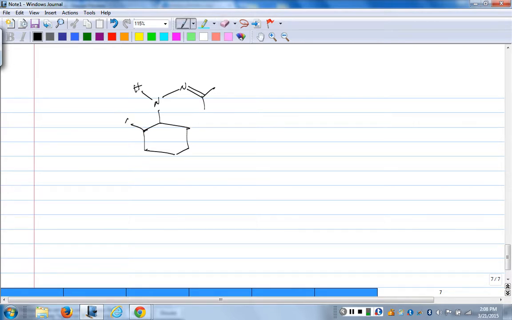There's a lot of resonance going on in the 2,4-DNP hydrazone. And I can use this lone pair to go bang, bang, or to go bang, bang, right? And I can access the nitro group in the 2 position and in the 4 position. So there's lots of resonance involved in this molecule.